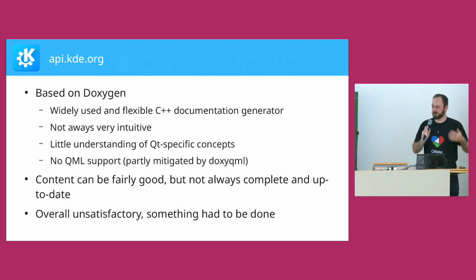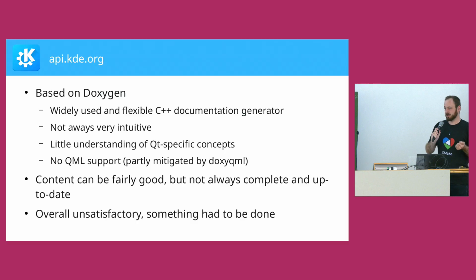And then we run Doxygen on that, and the output more or less looks like you are documenting a C++ class. There are ways to get that somewhat better, but overall it's not a good experience, and it does not feel right.